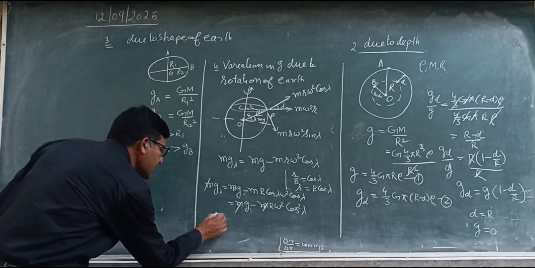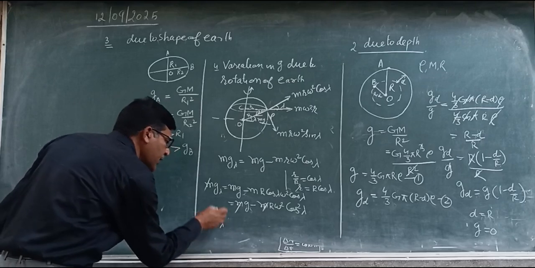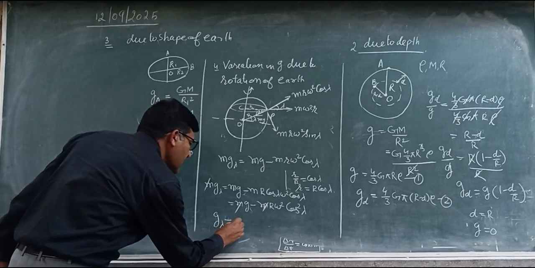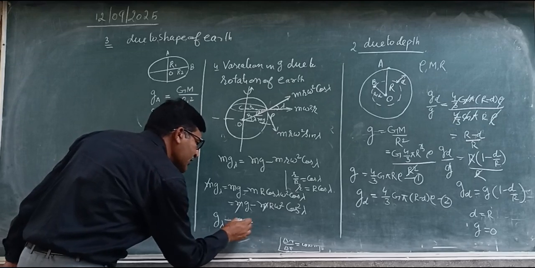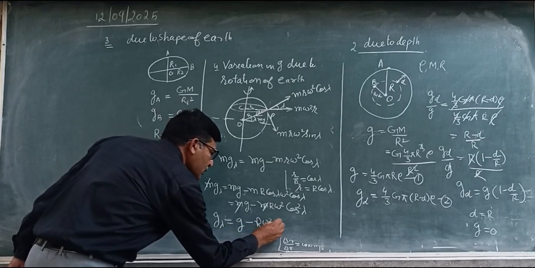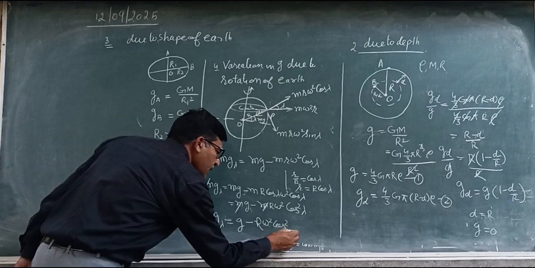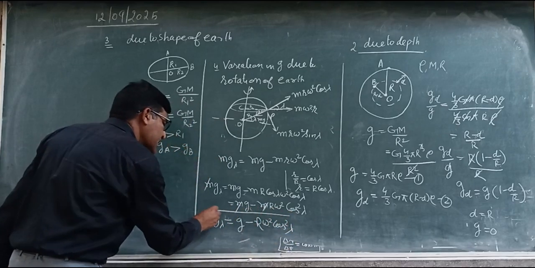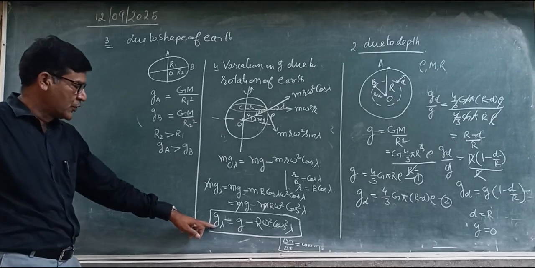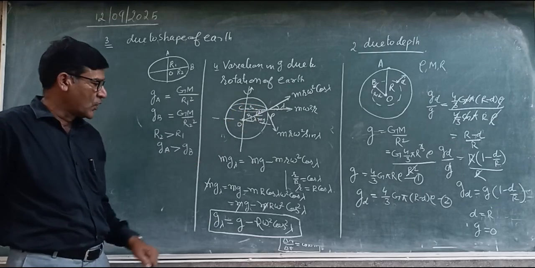It is obvious that the acceleration due to gravity due to rotation of the earth is less than g. That is g minus R omega square cos square lambda. This is the variation in acceleration due to gravity due to rotation of the earth.